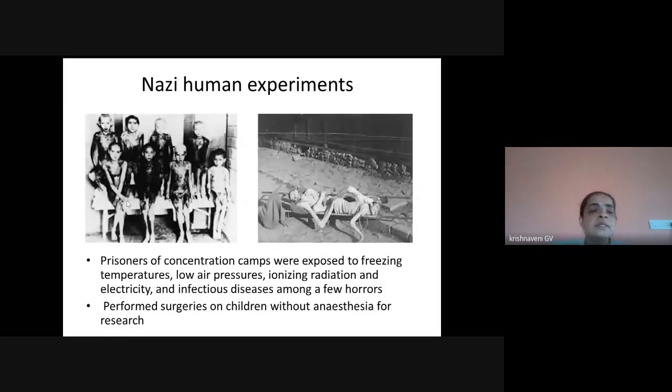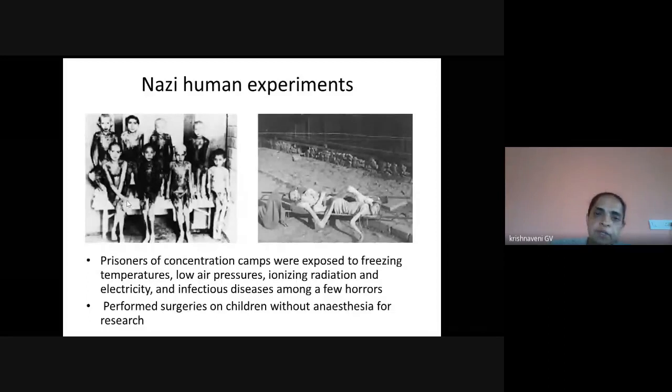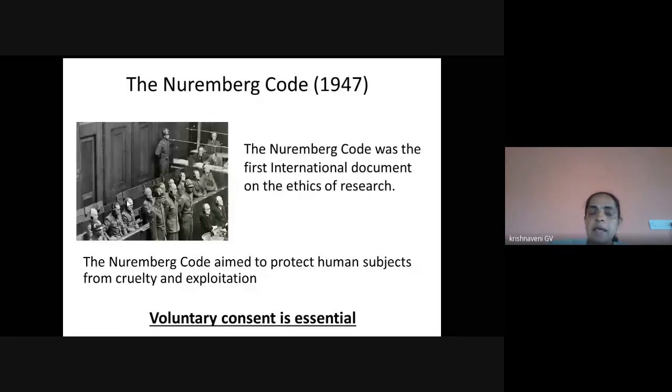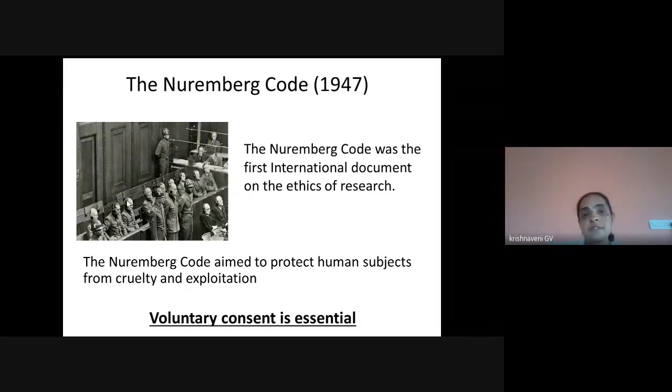When the Allied forces finally defeated the Germans at the end of the Second World War, they brought these soldiers as well as the scientists to trial, to answer for this cruelty in the name of research, at a place called Nuremberg in Germany in 1947, and they were convicted of their crimes.